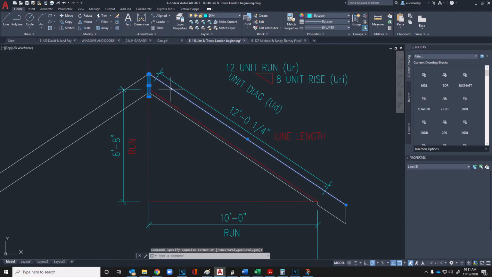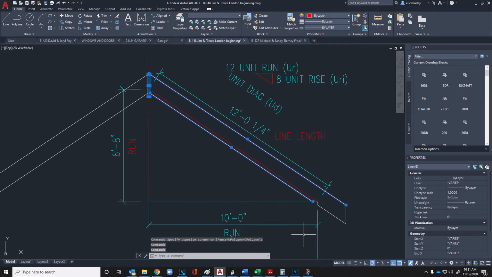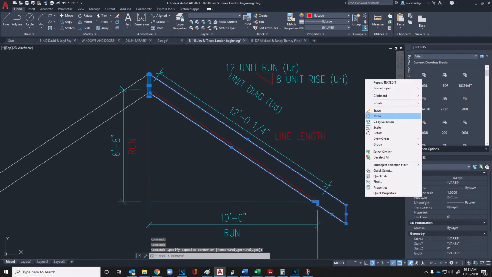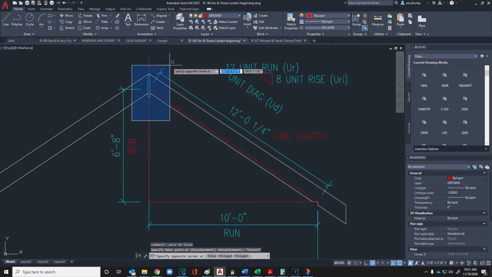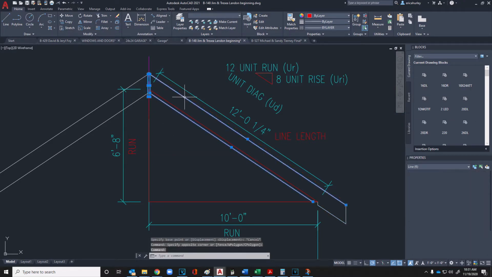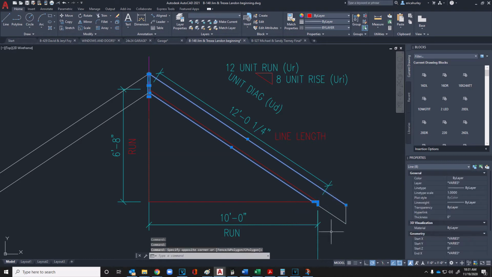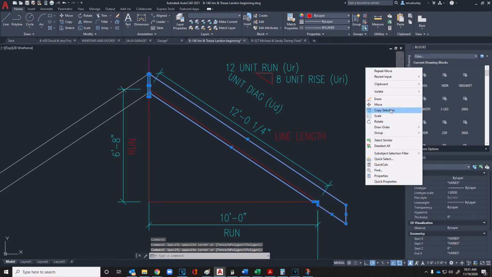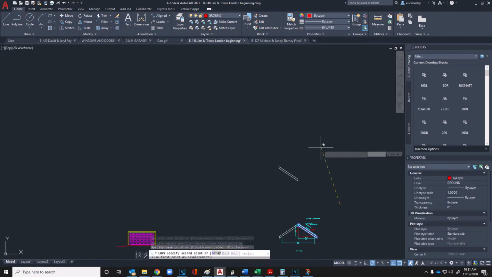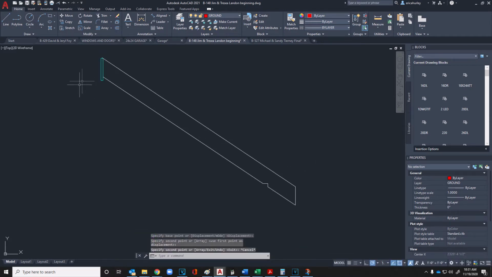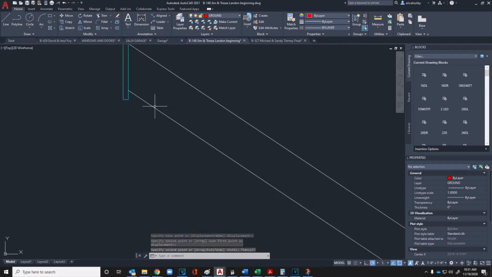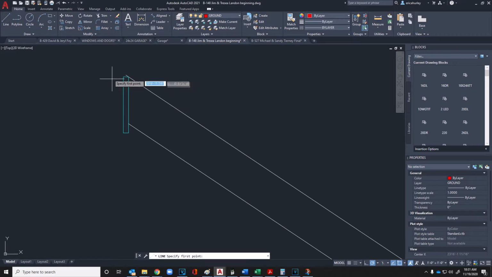So if we were trying to cut this out, let me just copy this and this and that, and this over here. Nope, I don't want to move it. I want to copy it. Copy. All right, so I need to cut this out of one single piece of wood. So I technically do it in this fashion.